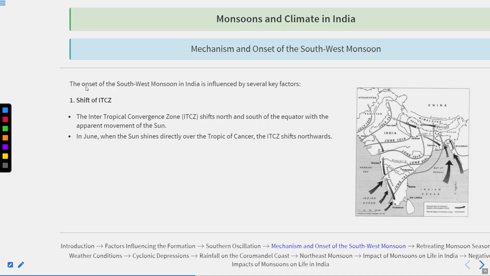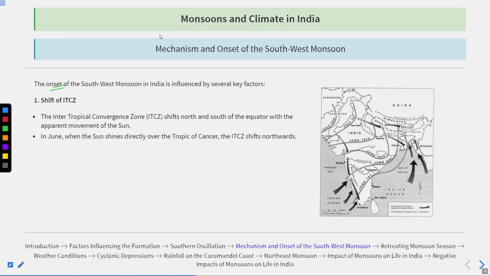Now we have the mechanism and the onset of the southwest monsoon to be discussed over here. Basically, the southwest monsoon is coming from the south and from the west.